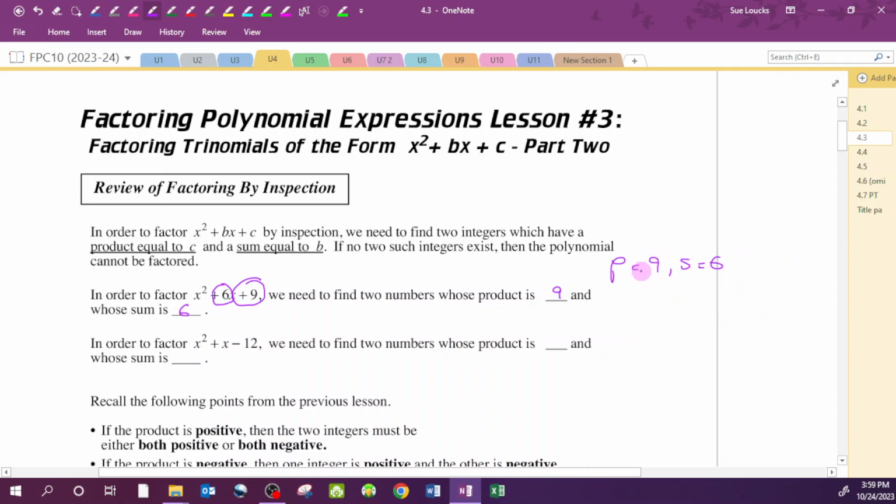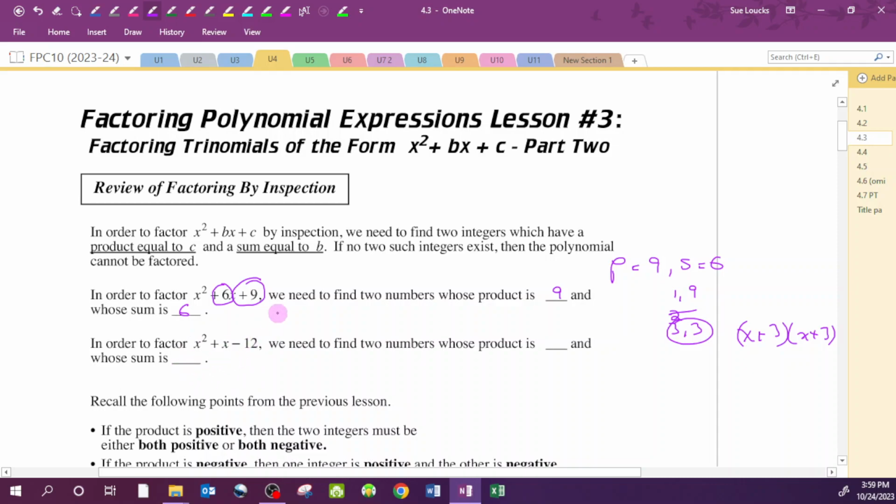They're both going to be the same sign because we've got a positive product, and since the sum is positive, we know they're both positive. So we could have 1 and 9, that doesn't work. 2 doesn't work. 3 times 3, yeah, if I add that together, I get 6. So that's the way we're going to do that. And so our factors are x plus 3 times x plus 3.